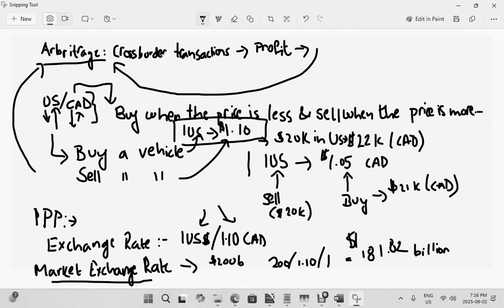This is basically your market exchange rate. You're using GDP to figure out your market exchange rate.